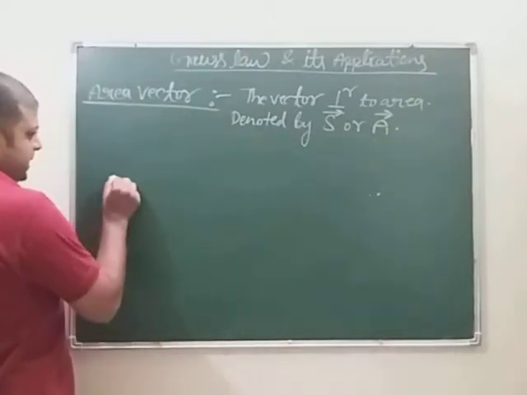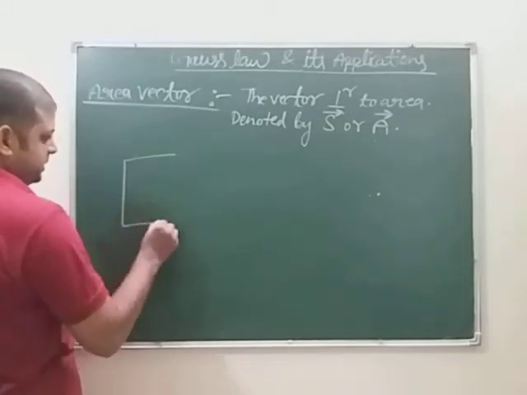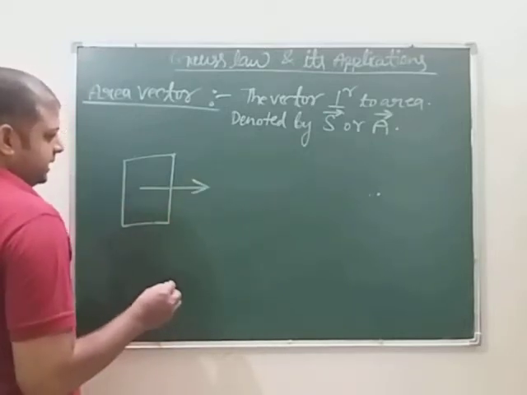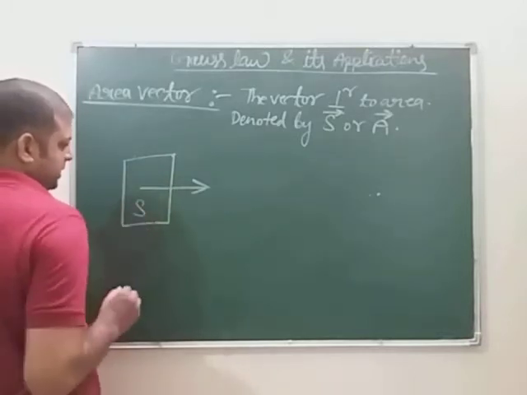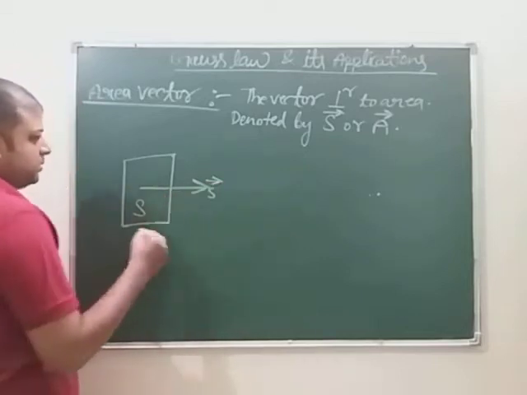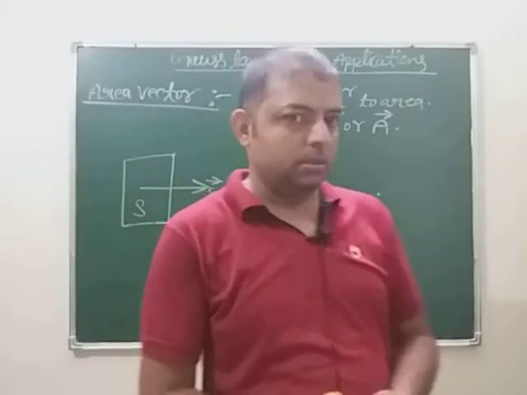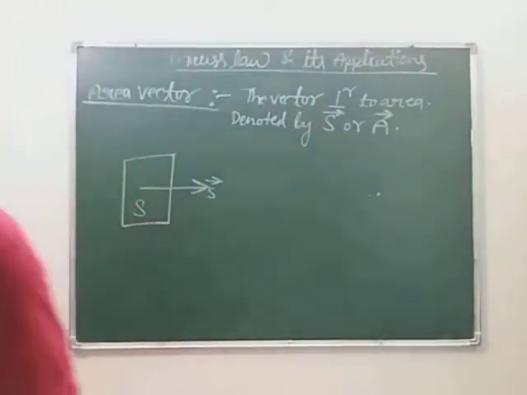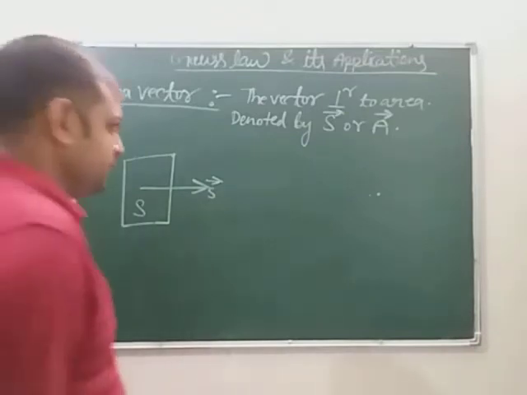So if the area is like this, then the area vector is perpendicular in this direction. You may wonder how area is taken as a vector quantity.